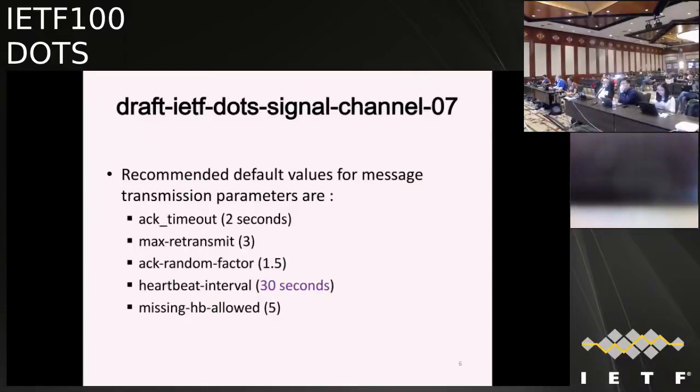The rationale for this setting was documented in the document, and we also encourage the use of other tools to discover the lifetime when there is a firewall and NAT present. But we are not recommending any protocol for these kinds of solutions if you want to use a distinct value for the interval. Next slide, please.